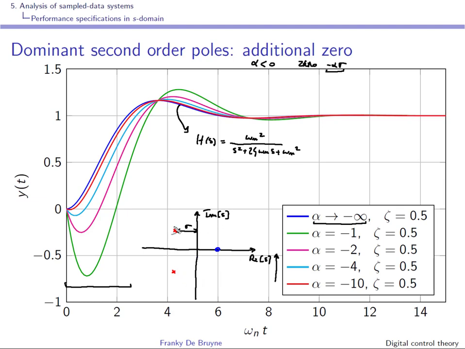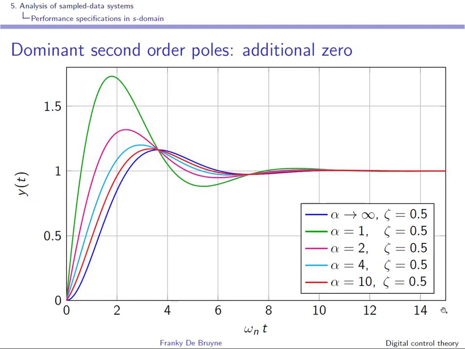So the situation that is drawn here corresponds to this case over here. In the present study, we have taken zeta, the damping ratio, equal to 0.5, and we have looked at different cases of alpha to study the presence of an additional zero. As you can see, there is really a large influence on the overshoot.